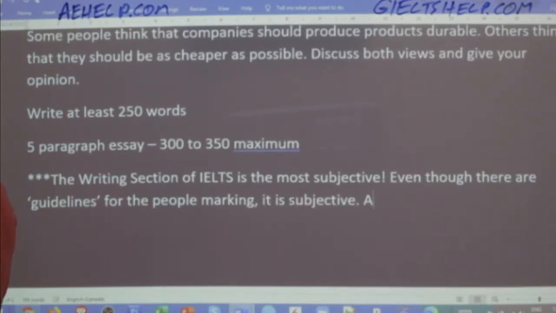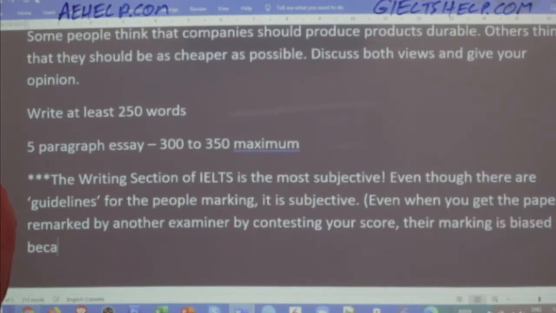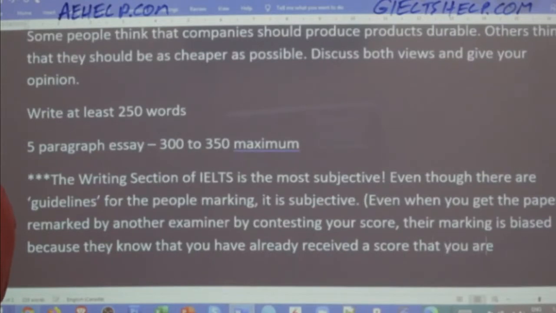And unfortunately, even when you get the paper remarked by another examiner, so if you contest your score, their marking is biased because they know that you have already received a score that you are not happy with.